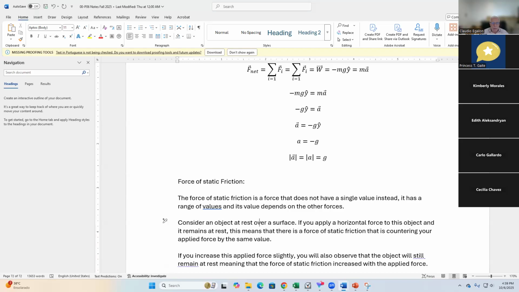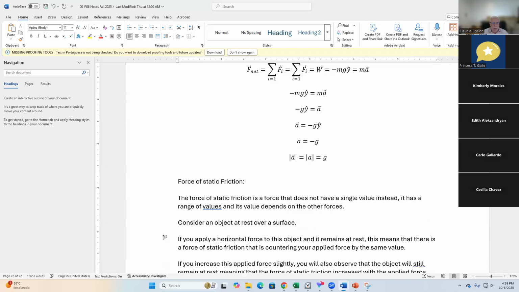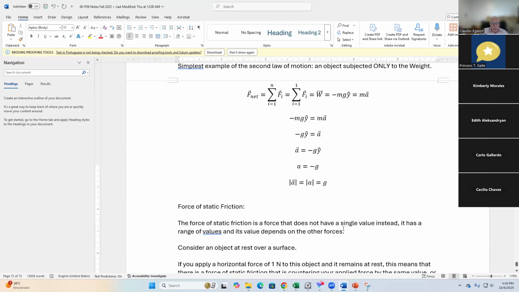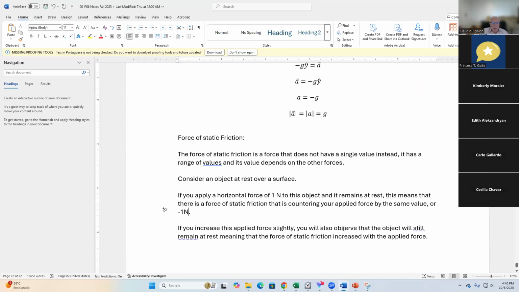I'm gonna give some numeric examples. If you apply horizontal force of 1 Newton to this object and it remains at rest, this means that there is a force of static friction that's countering your applied force by the same value, or minus 1 Newton. The negative sign means that the force of static friction is contrary to the applied force.